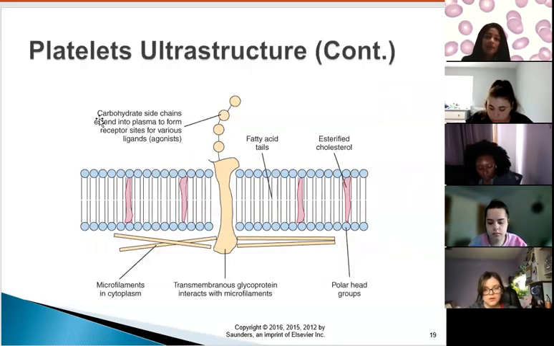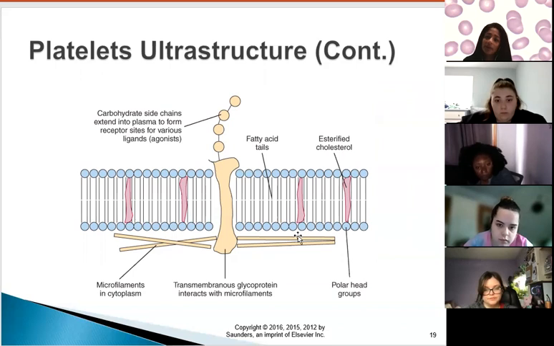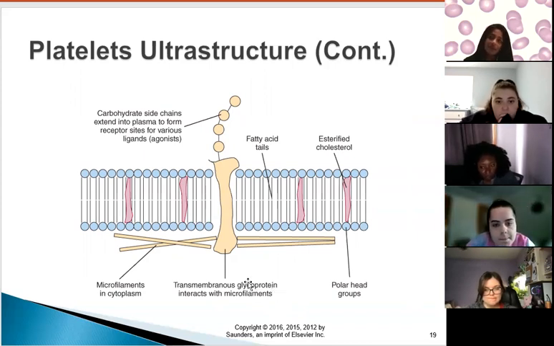And looking at the platelet a little bit closer and looking at their phospholipid membrane, it's going to be very important because platelets have receptors in them that we need very much in order for coagulation to happen. So if they didn't have the receptors, it wouldn't be able to participate in the primary plug and then in the secondary platelet plug.